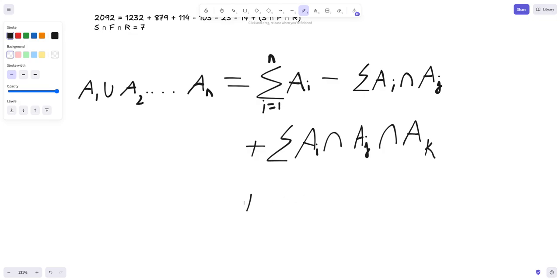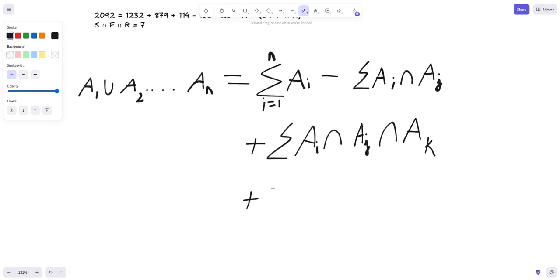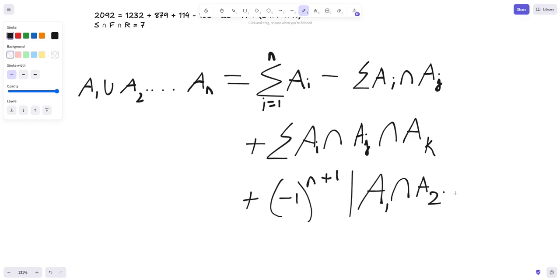And then we do (-1) to the n plus 1, which will depend on the number of terms that we have, this could be positive or negative, times A1 intersection A2, and that goes all the way till An.